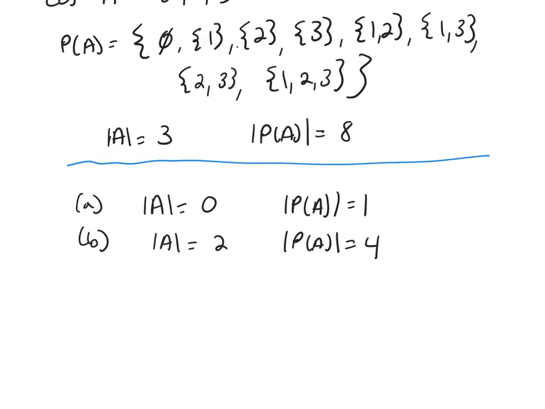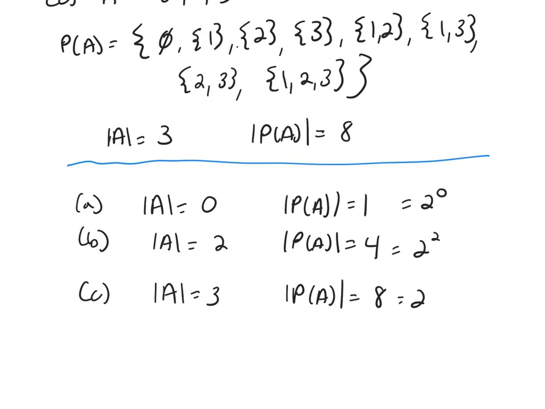And in C, the number of elements in A was 3. The number of elements in the power set was 8. And if you notice over here on the right, these are all powers of 2. So this is 2 to the 0, this is 2 squared, and 2 cubed. And if you look here at your exponents, they correspond to the numbers over here.